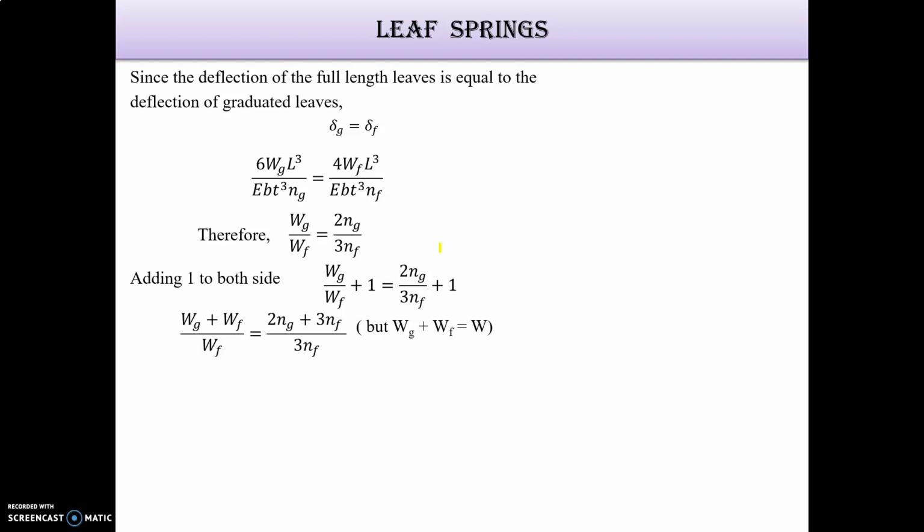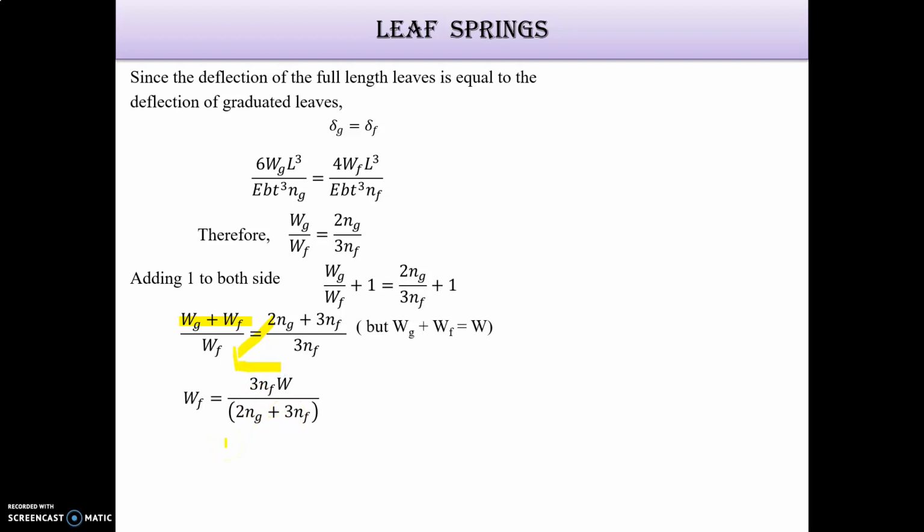So Wg plus Wf divided by Wf, in this way we get Wf is equal to 3 Nf W, because this becomes W, so W remains here, and if Wf is transferred there, then 3Nf will transfer upward, that's why it is placed here, and this 2Ng will be transferred downward, that is here.